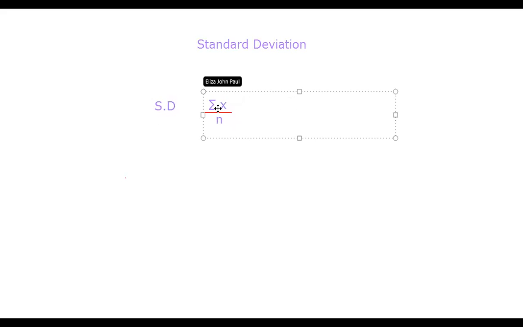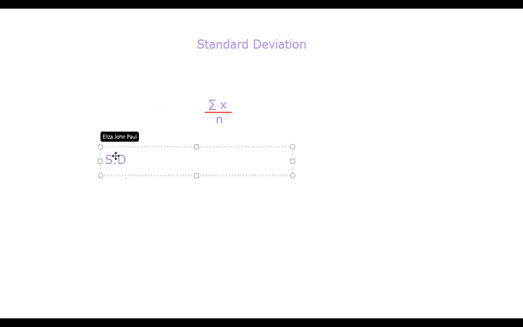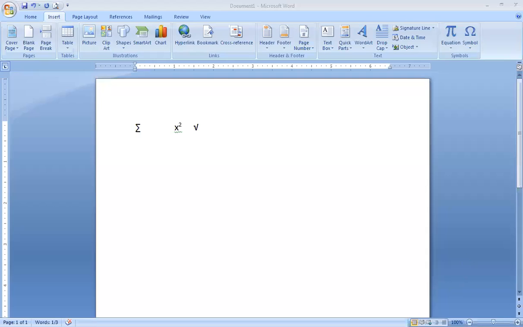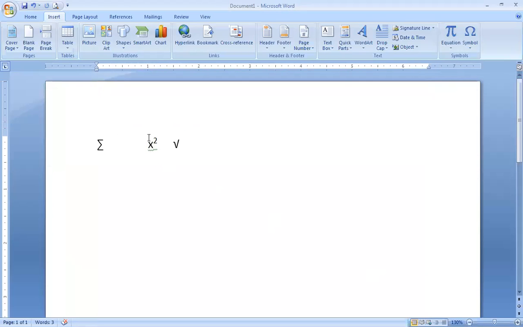I copied this value from MS Word, so the x square appears as x2 on our whiteboard.